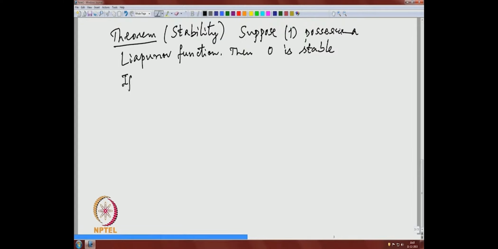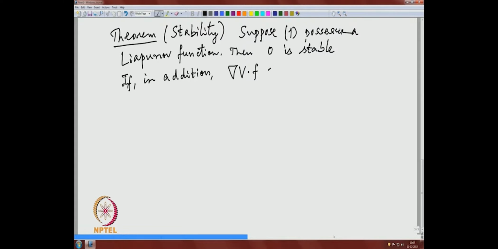If in addition, so now we strengthen a little bit the second condition, grad V dot f. So, again look at the definition, grad V dot f. That is again a function defined on omega to the real numbers. So, this is a real valued function defined on omega.